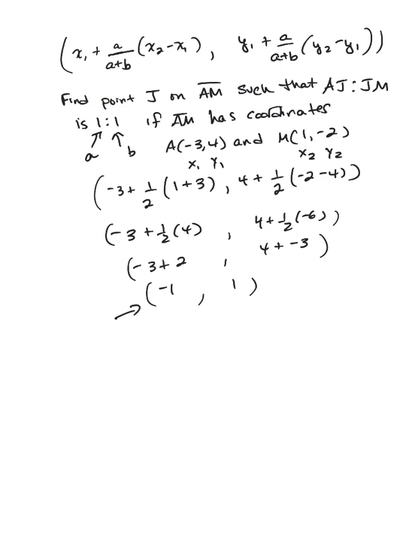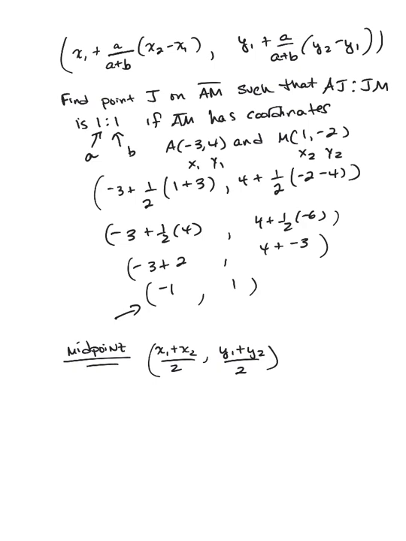Now, by the way, when you have a ratio of 1 to 1, it means one piece is the same size as the other piece. So we also call this special partitioning a midpoint. There is another formula that you can use when you have a 1 to 1 ratio, or you see the word midpoint or center. And that formula is that you average the x's together and average the y's together.